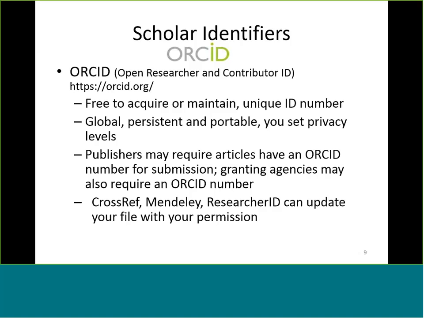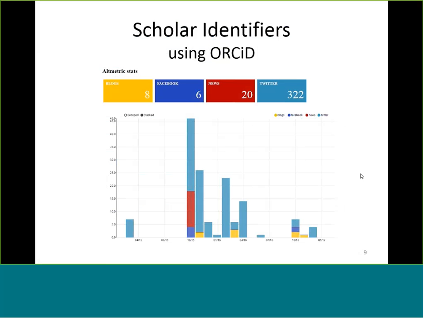It can easily be used on your other online networks, and by having all of your papers listed, you ensure that your work is identified as uniquely yours. This is a screenshot of the metric statistics using an ORCID ID of a random researcher.